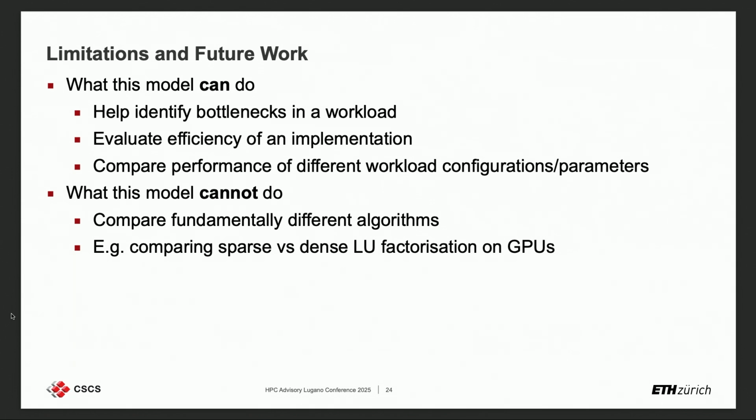This is not a magic metric that lets you say, oh, this is better than that. A very simple example is if you're doing any type of scientific computing and you're solving, for example, a linear system, you can either go with sparse or dense LU factorization on GPUs. Dense LU factorization is basically what HPL does, and so you'll have very high efficiency, very high values.